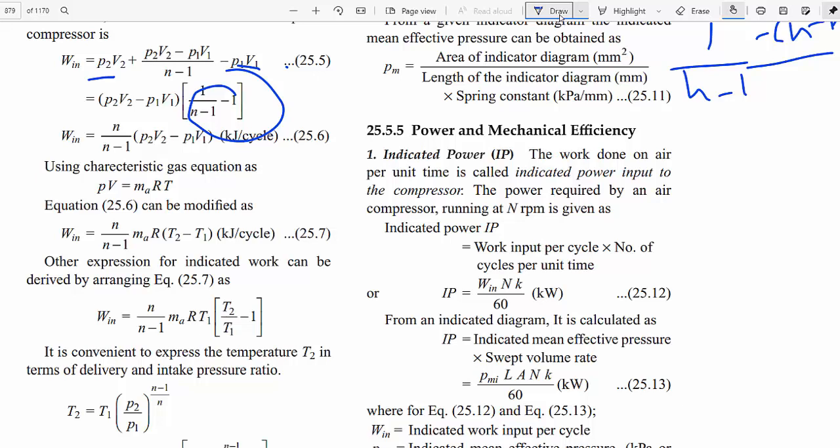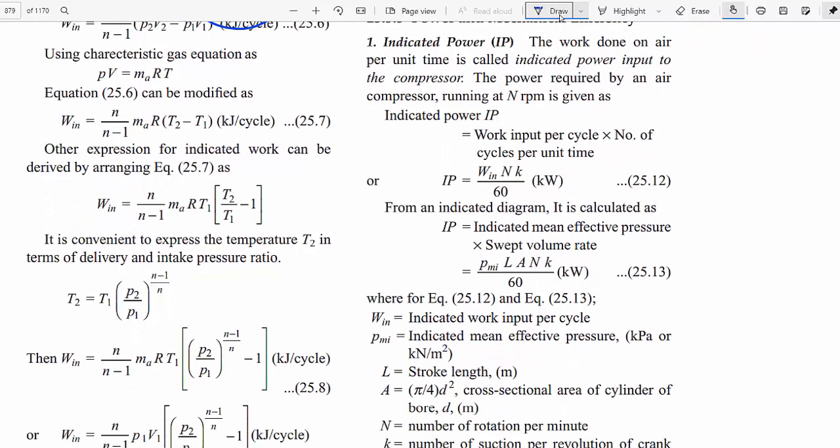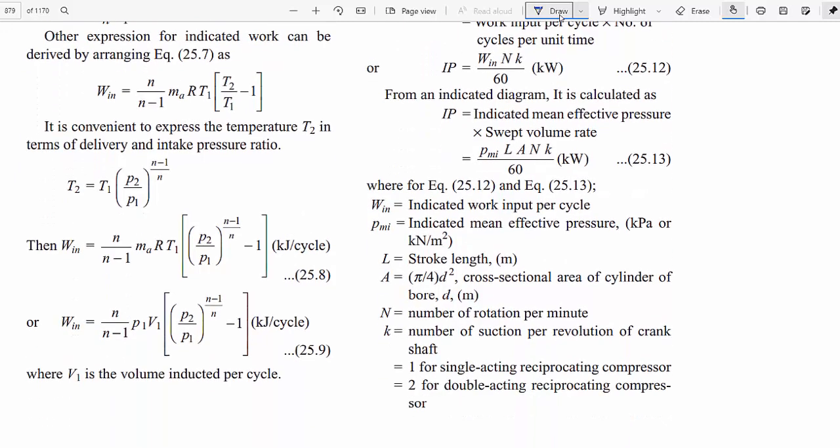Then use the polytropic relation, T2 by T1 equal to P2 by P1 power n minus 1 by n. Then substitute the T2 by T1 value in the above formula. Then we get n by n minus 1 MA R T1 into P2 by P1 power n minus 1 by n minus 1, instead of T2 by T1.